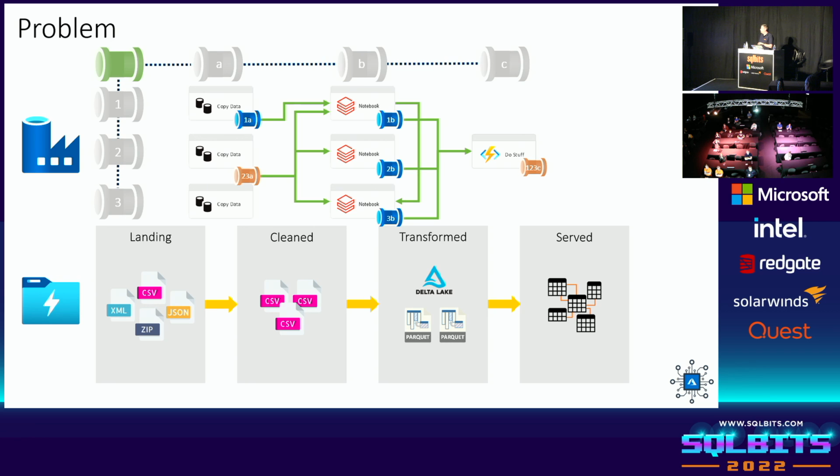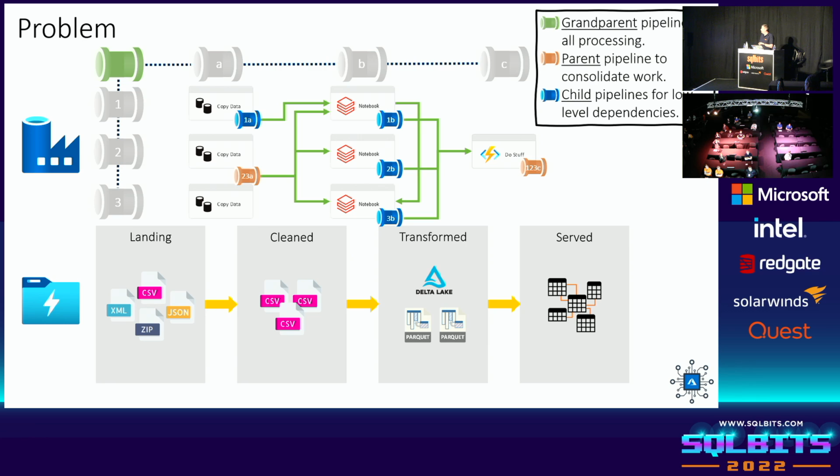Maybe we consolidate some of those workloads and we come up with a working definition that says, fine, for those child pipelines, we'll have them at the lowest grain because we need to support some dependencies. We have consolidated work in a parent pipeline where we don't need to worry about a dependency. We can just get that work together, and we have the grandparent as the bootstrap of all of this.